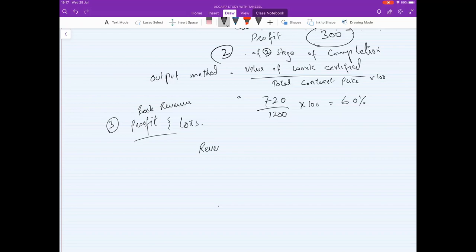Revenue was 1200, take 60% of this, and cost of sale was expected to be 900, take 60% of 900. So revenue will be 720 and cost of sale will be 540.